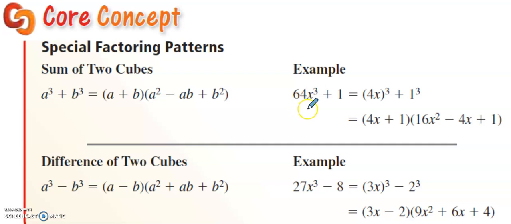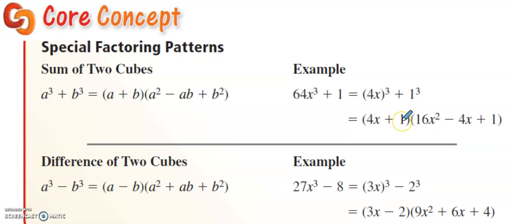Here's an example. So 64x cubed plus 1. 64 is a perfect cube because it's 4 cubed. X cubed is clearly a perfect cube because it is literally x cubed. And 1 is a perfect cube because it is 1 cubed. So following our pattern, the a then is 4x and the b is 1.